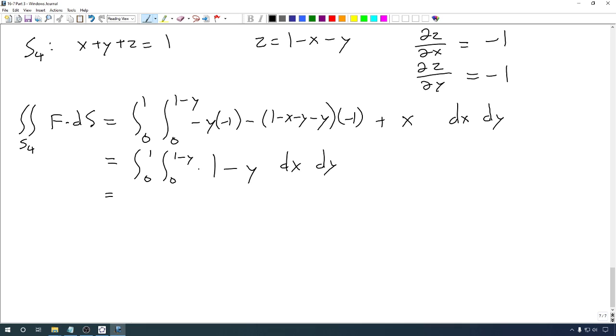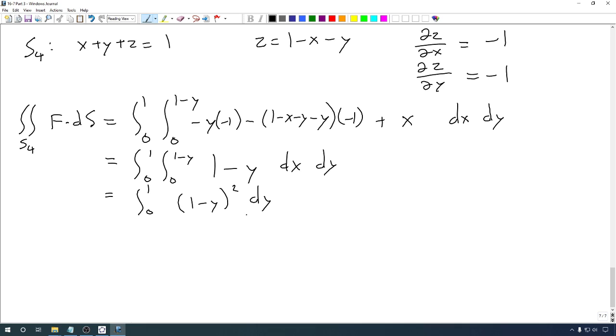When we integrate this, because I chose dx dy, there's no x's in here, so we can breeze past the first integral. We end up just multiplying by the 1 minus y that's in there, which turns that into a square.